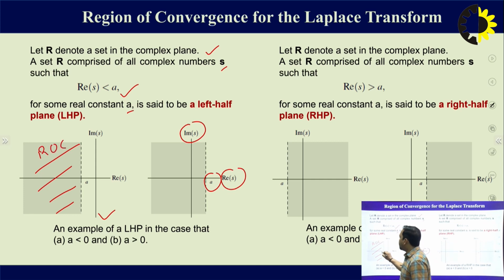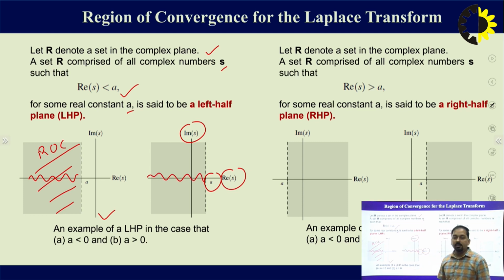These are the values of real part of s, or sigma, for which the Laplace transform of a signal x converges, all the values lying to the left side of A. Similarly, when A is greater than 0, for those values lying to the left side of A, this entire region, the Laplace transform definitely converges.